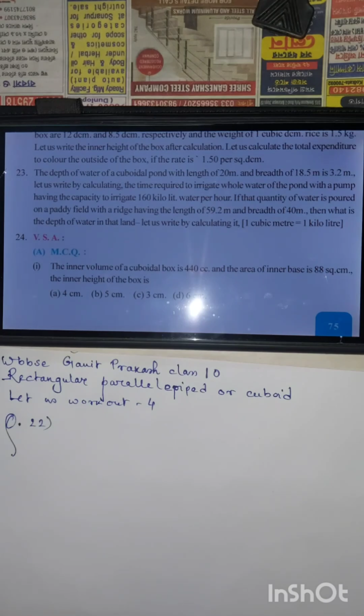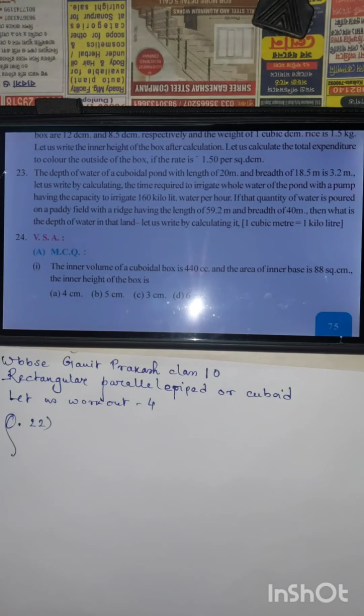Let us write by calculating the time required to irrigate whole water of the pond with a pump having the capacity to irrigate 160 kiloliter water per hour.